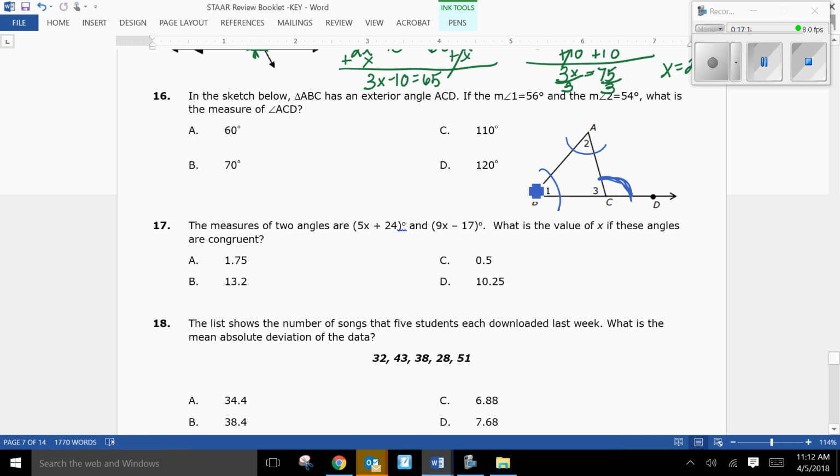So angle 1 is 56 degrees, angle 2 is 54. So the exterior angle is those two angles combined or added. So 56 plus 54. And 56 plus 54 is 110.